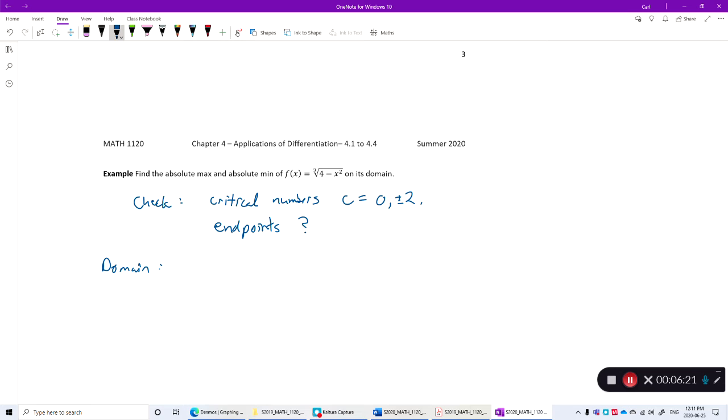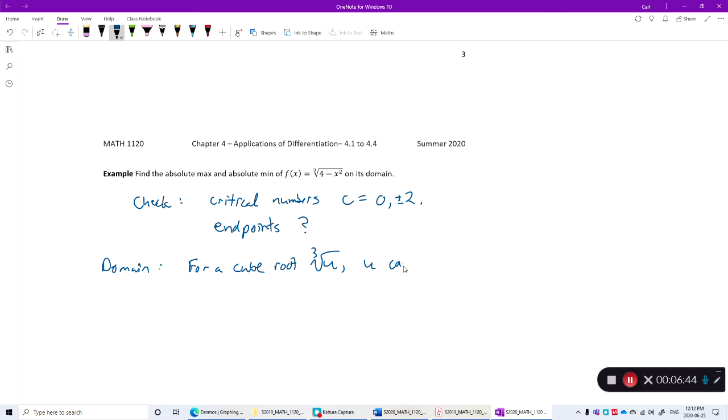Now, what do we need for the domain? Do we have any restrictions here? Let's think. So it's a cube root, right? For a cube root, let's call it cube root of u.